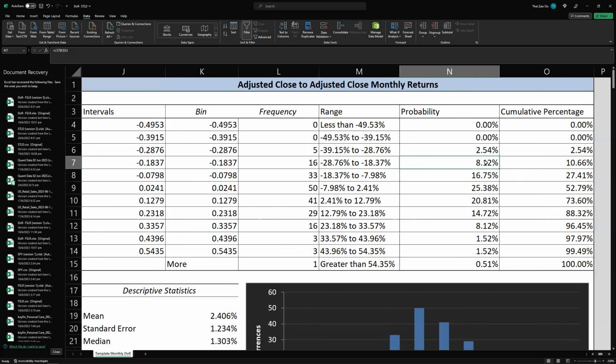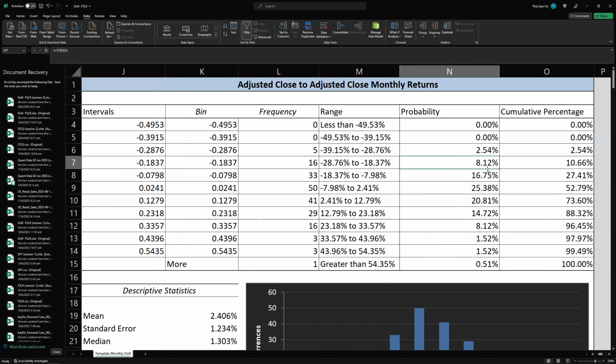It works the other way around also. What if I want to look at the probability of First Solar returning negative 18 and above? Above means we are going to the other end, so we are not adding this side, but that side. But you don't need to add all the way there.